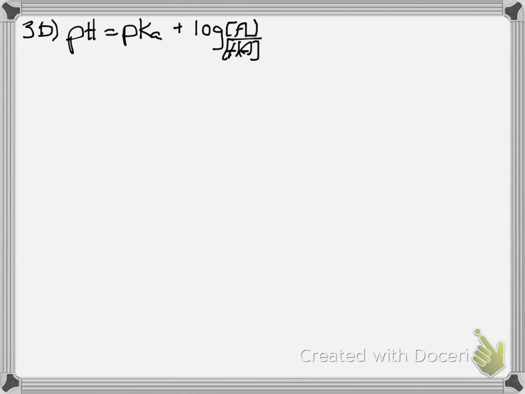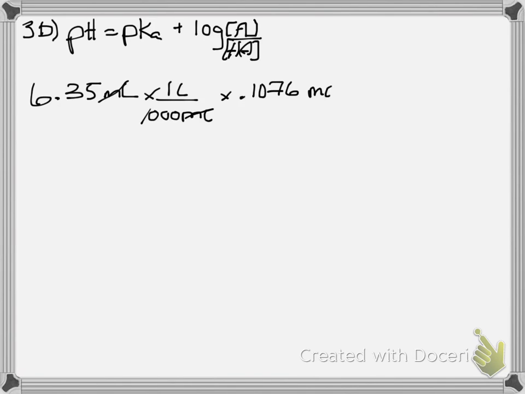All right, so I know I'm going to use the Henderson-Hasselbalch equation, but in order to figure out how much A minus there is, what I need to do is figure out how much base has been used up. That is based on the volume, and again we're going to use dimensional analysis to show the work properly, and it's based on the concentration because volume times concentration gives us moles.